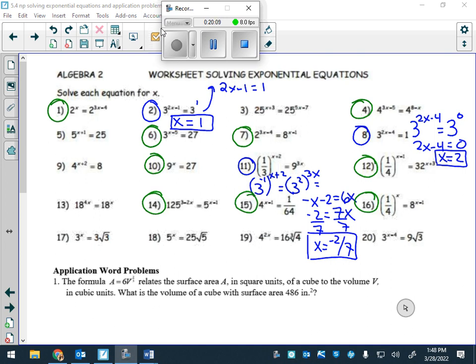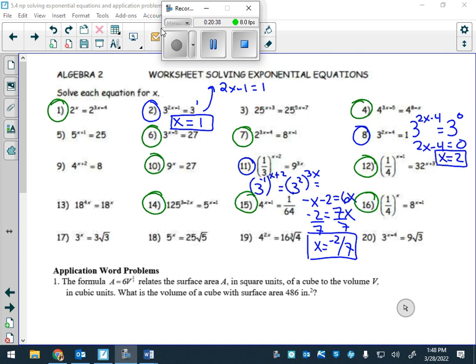16. We have 1/4 to the x equals 8 to the x minus 1. 4 and 8 have what base in common? Rosanna? 2. So 2 to what power gives me 1/4? Negative 2, good. 2 to what power gives me 8? 3, good.